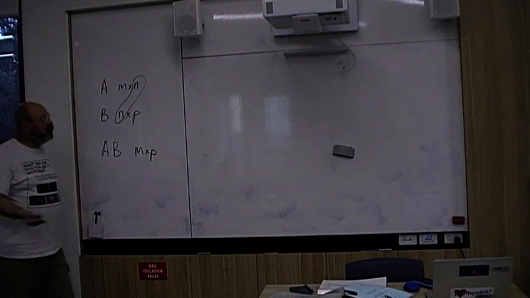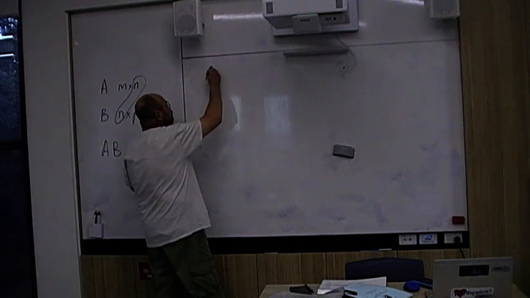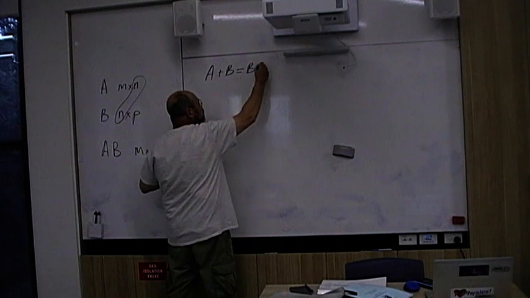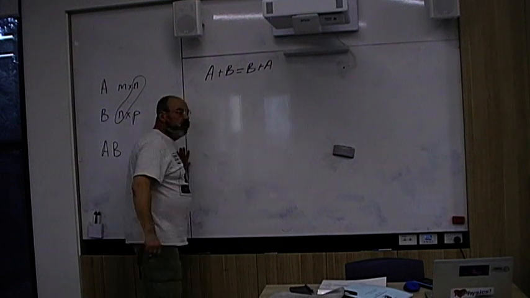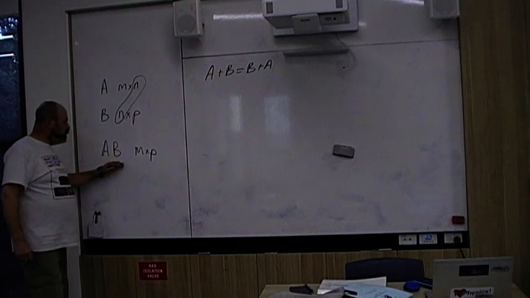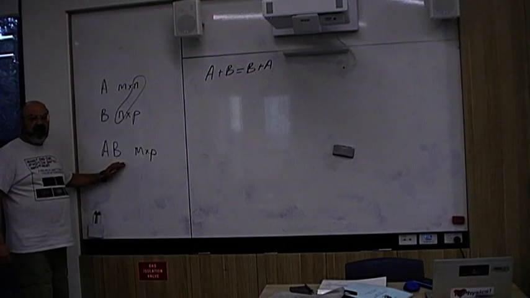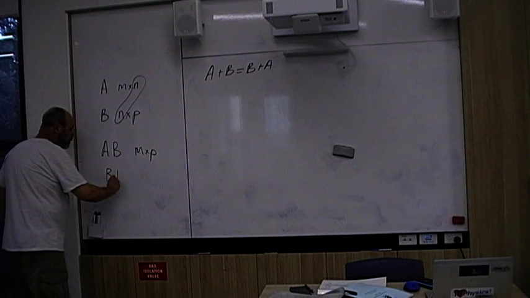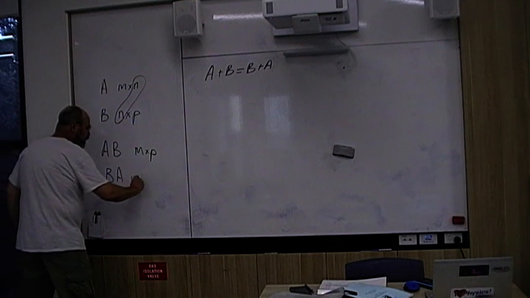Even if with A plus B, if it's possible, it's equal to B plus A. Not with multiplication. In this case, AB will not be equal to BA. BA does not exist. How come?